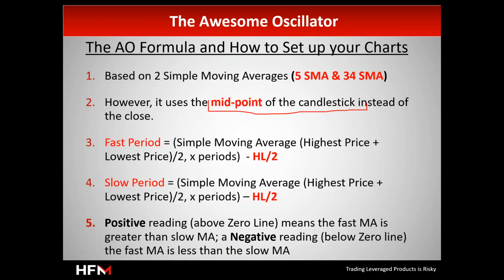Anything positive, so above zero, means that the fast moving average is greater than the slow moving average. Which is the fast moving average? It is the 5, right? The slow is the 34. This is what our Awesome Oscillator is based on. So any negative reading implies that the fast moving average is less than the slow moving average.